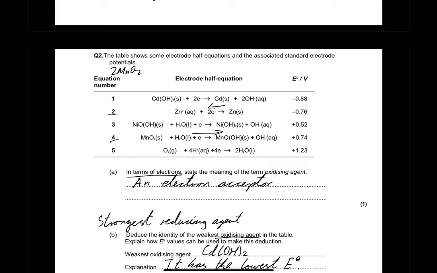2MnO2 plus 2H2O plus Zn goes to form Zn2+ plus 2OH minus. I did read that. Yeah.